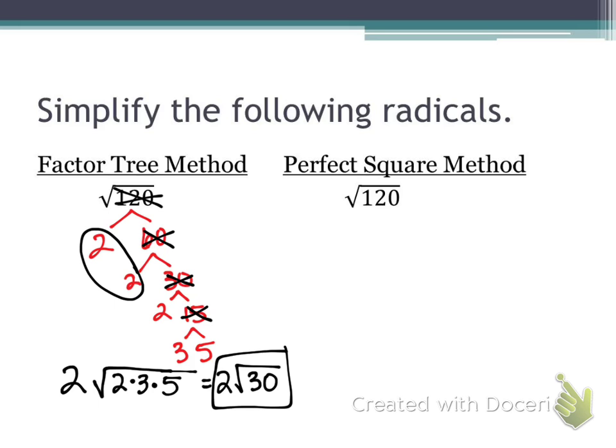The other method is the perfect square method. So when you do the perfect square method, it helps if you know your perfect square numbers. So if you look at that list that we made of perfect square numbers from the warm-up number 3, which of those numbers can divide into 120?